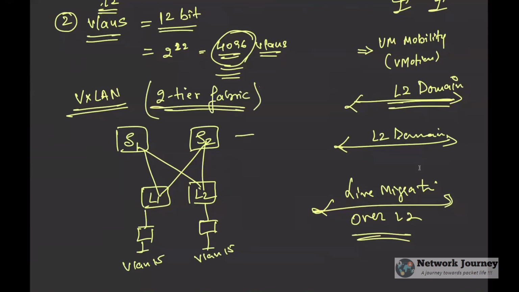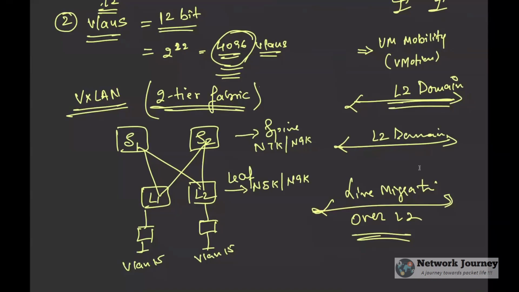This is your spine layer, which consists of some switches. In data centers, this is going to be Nexus 7K, Nexus 9K, and on the leaf layer, you will have Nexus 5K, Nexus 9K.